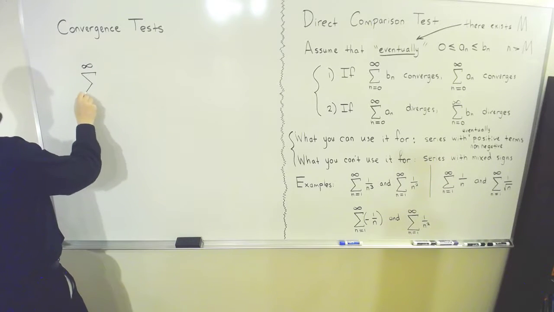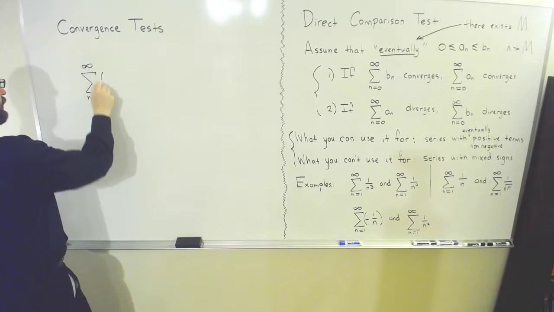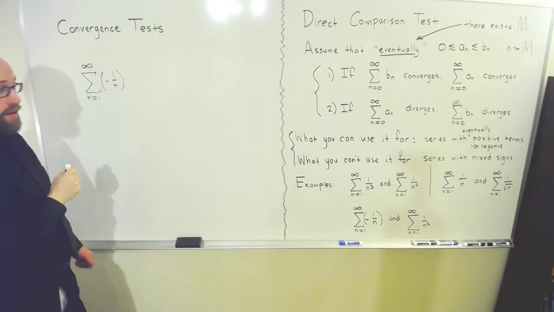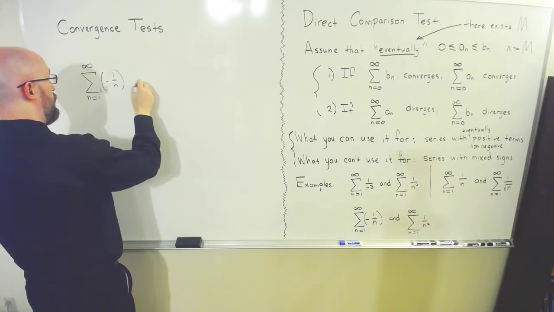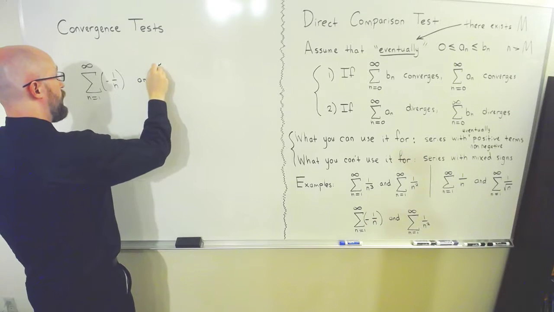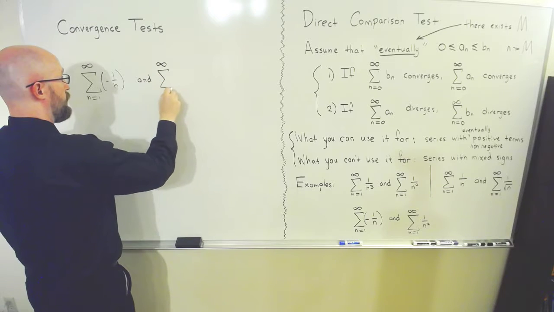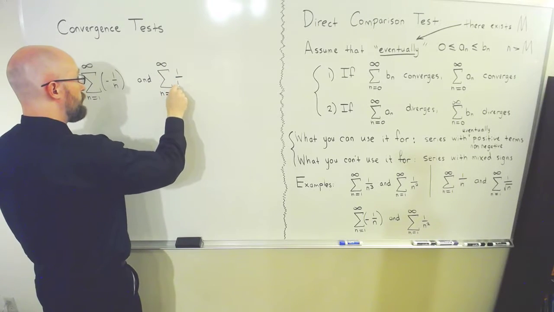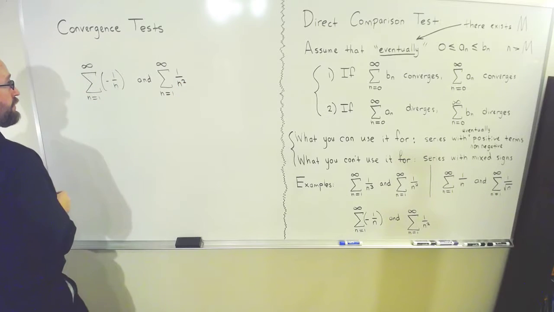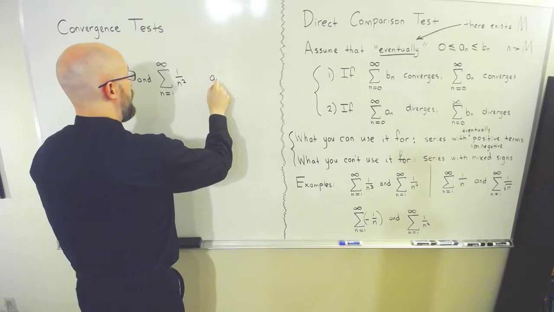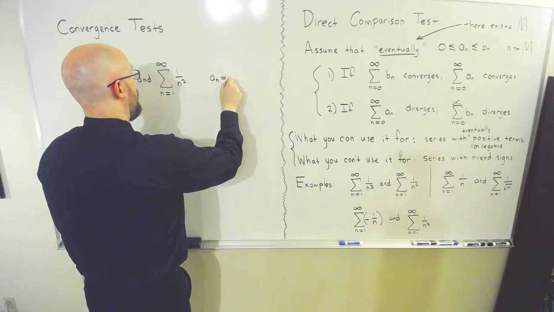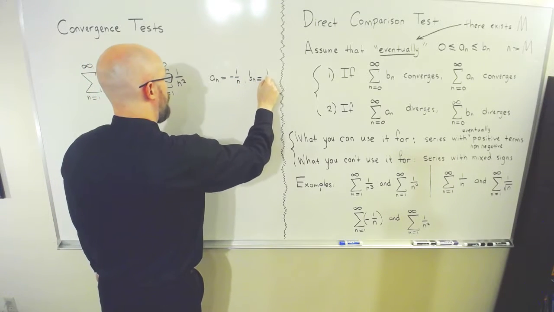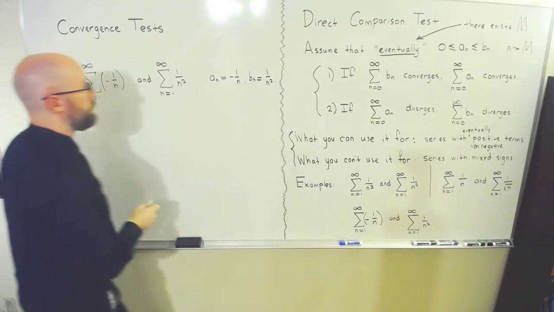All right, and so let's look at one more example. Now this is one where I've taken the harmonic series, but I've put a negative sign in there. And then I'm comparing it to our familiar inverse squares series. So here an is equal to minus 1 over n. bn is equal to 1 over n squared.